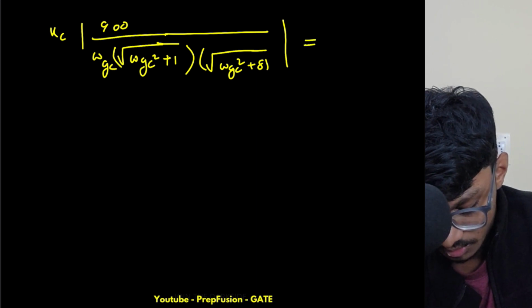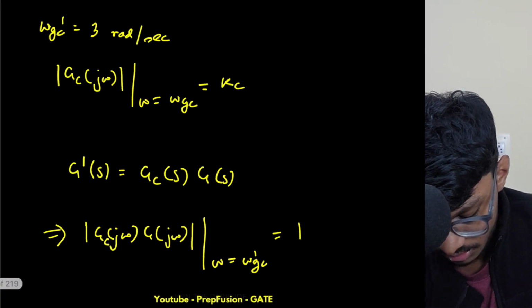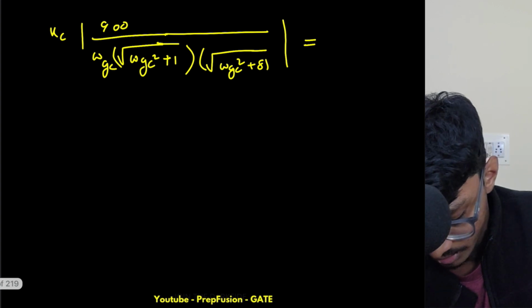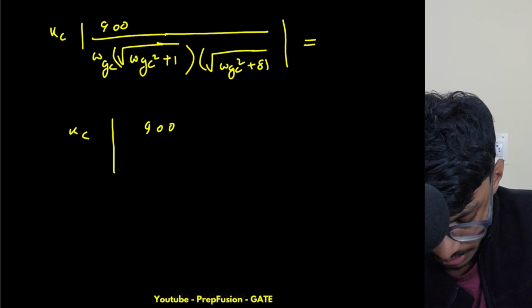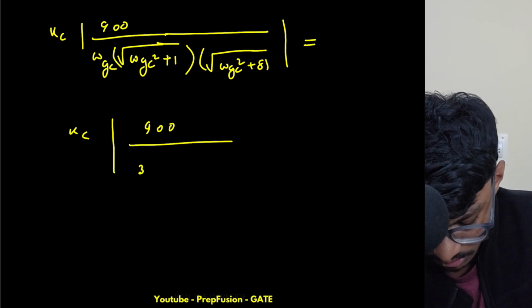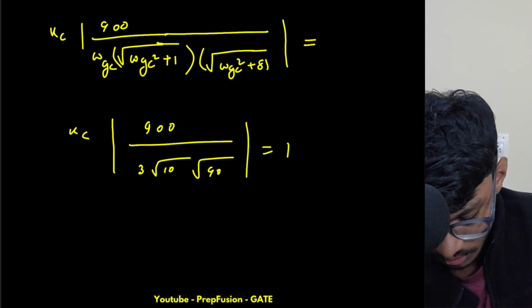So what is omega gc? Omega gc is 3. So this will be Kc into 900 divided by 3 into under root 10 into under root 90, which equals 1.